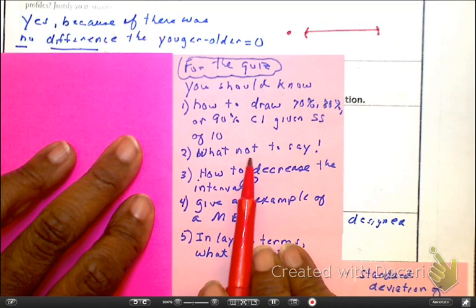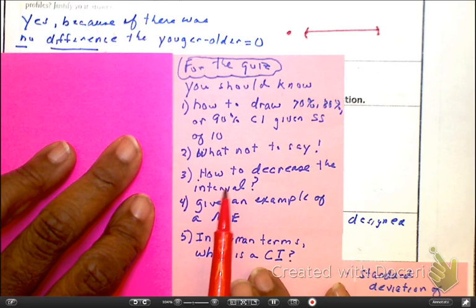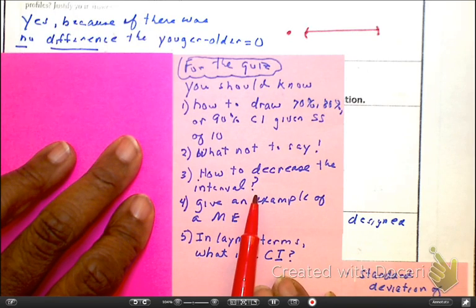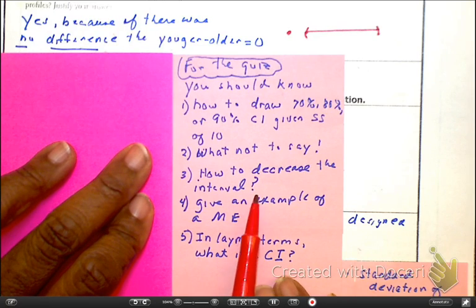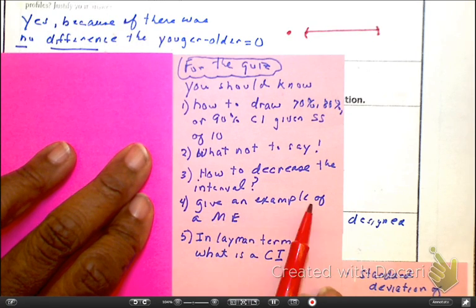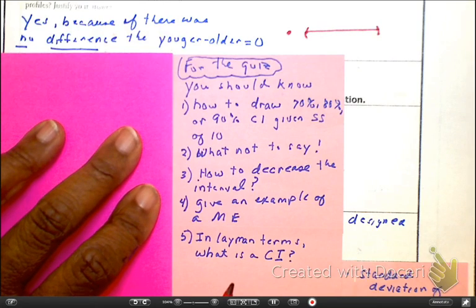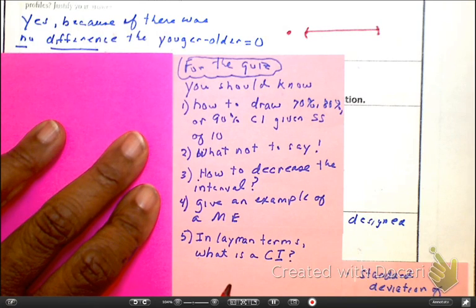What not to say, I mentioned that already. How do I decrease the interval? Well, that was discussed, or you should have determined that as you worked today. Give an example of a margin of error. Well, you can give one of the ones from the textbook, one of the ones that I mentioned in terms of the presidency, or you can make up your own.